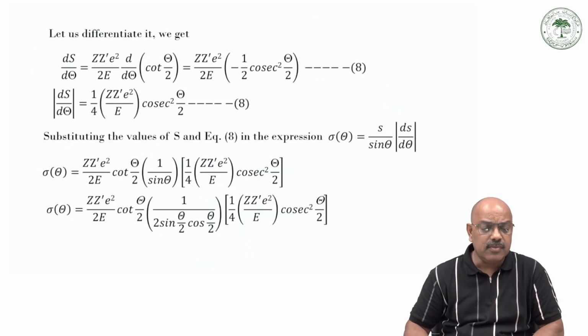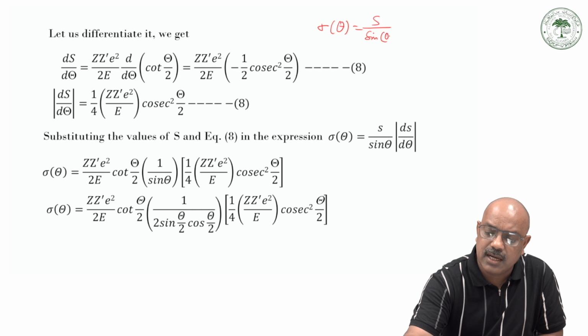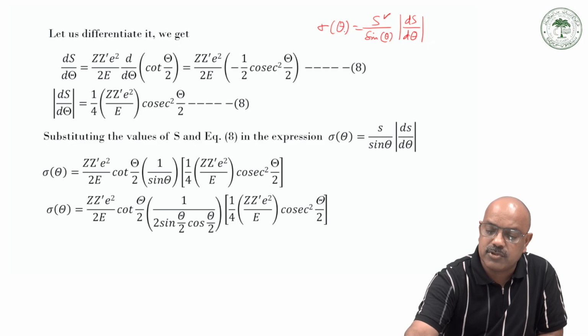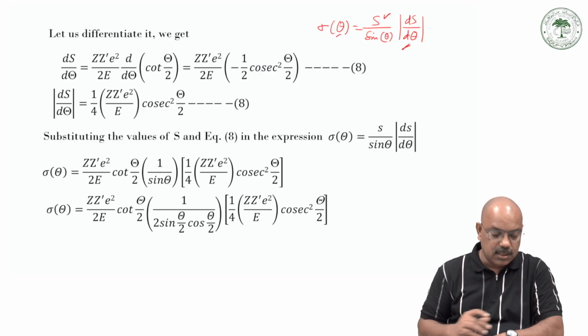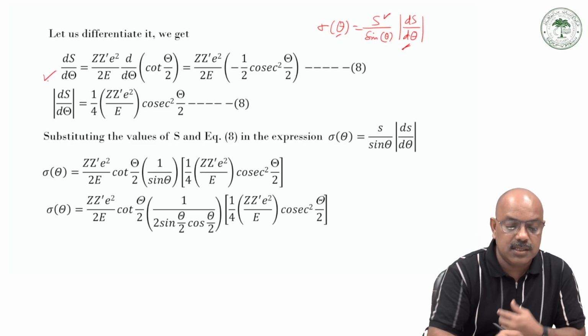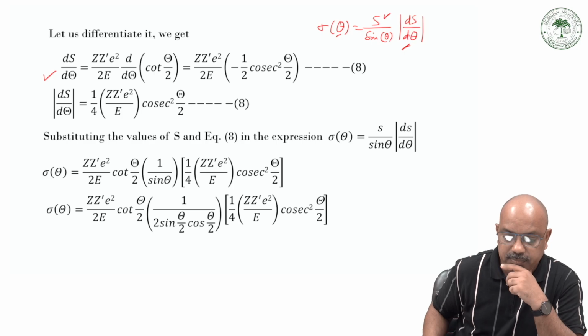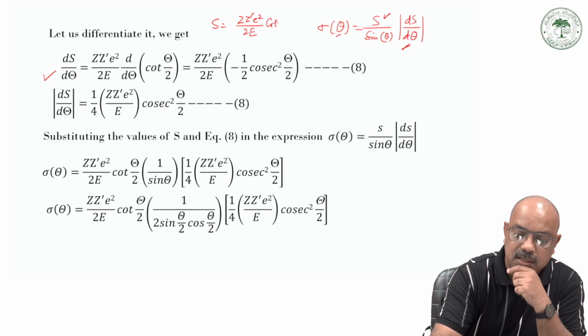Now because we have to find the differential cross section sigma of the scattering angle, that is going to be s upon sine theta, and then ds by d theta. So s I know already, so I have to find ds by d theta. I can find it because only the cot theta by 2 depends on theta, as s is z prime e square by twice epsilon cot theta by 2.